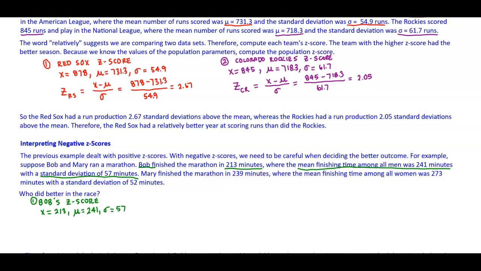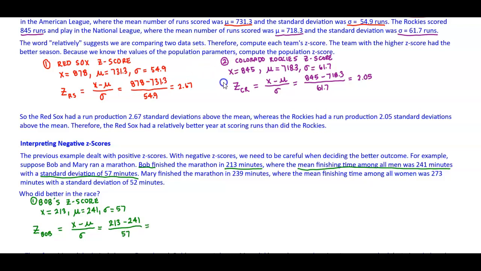Okay, so in order to find the z-score for Bob, we're going to take the data value of x minus the population mean and divide it by the population standard deviation. So we have 213 minus 241, and then we're going to divide that by 57.